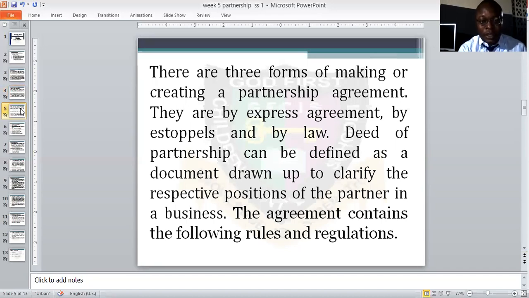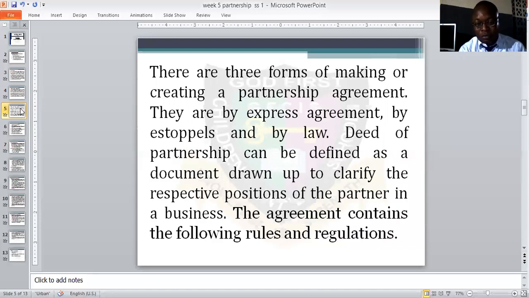There are three forms of creating a partnership agreement: express agreement, implied agreement, and by law.